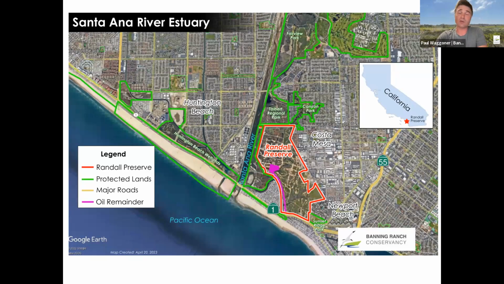So we're calling this the coastal corridor of the Santa Ana River. This is the intertidal zone of the Santa Ana River, where the tidewaters from the Pacific Ocean rise and go inland and create a unique set of habitats.